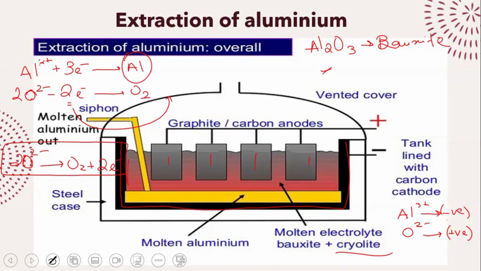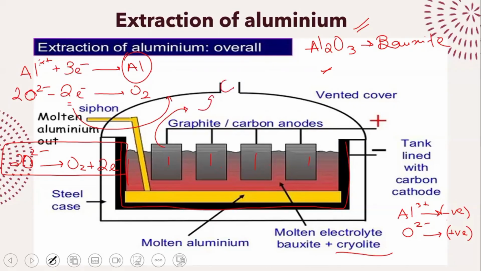Now, one important thing that you guys need to know is this. The anodes, especially in extraction of aluminium, this is something that is specific to aluminium. These anodes need to be replaced often. We need to keep on replacing them. Why? Because the anodes are made up of graphite. Graphite is carbon, right?